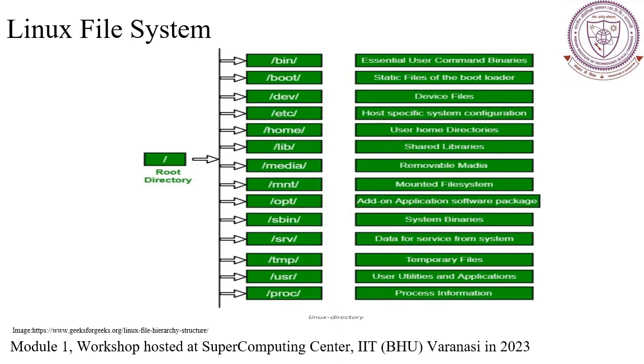Slash usr is for user utilities and applications. It is a secondary hierarchy for read-only user data. It contains the majority of multi-user utilities and applications. It contains binaries, libraries, documentation, and source code for second level programs. Slash usr slash bin contains binary files for user programs. If you can't find a user binary under slash bin, look under slash usr slash bin.